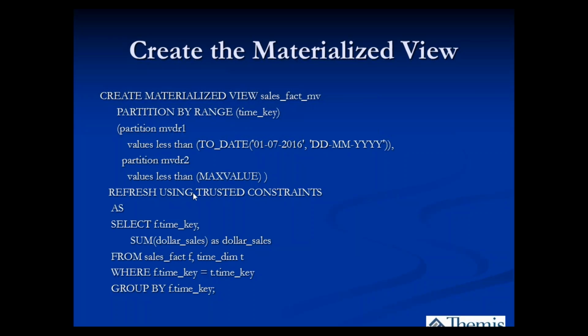All right. It also has to use this using trusted constraints option on it as well. What that essentially says is, our fact table and our dimension tables, they're typically going to have foreign keys and primary keys on them. And this is just telling the materialized view definition as data is inserted, updated, or deleted against the materialized view, that we're going to trust the constraints that have already been defined for the real database tables. That's all it's saying.